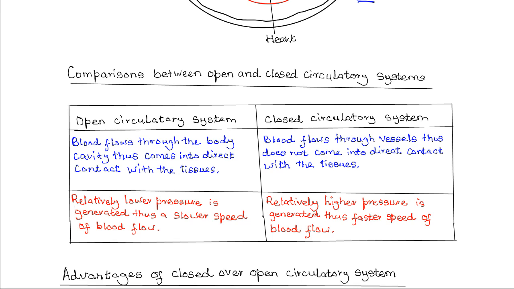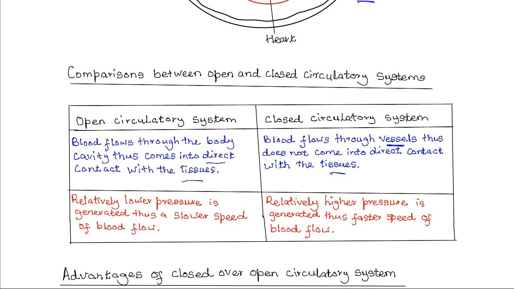These are tabulated here. In the open circulatory system, blood flows through the body cavity, thus comes into direct contact with the tissues, while in the closed, blood flows through vessels and never comes into contact with the tissues.